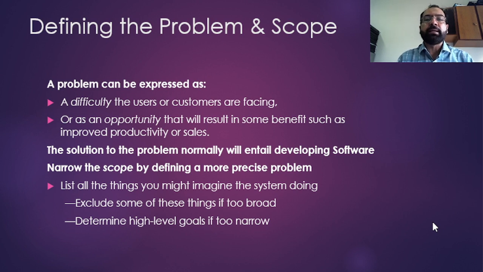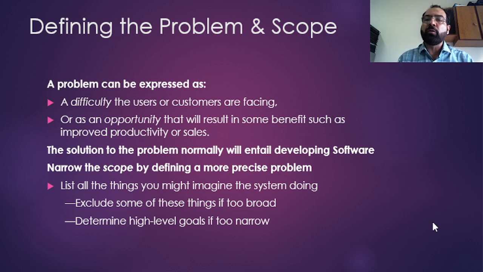How to define the problem and scope. This is one thing which is very, very important while we are developing any software or an application or a system. We should know what is the problem and the scope of the problem, because that is one thing which sometimes we miss out.